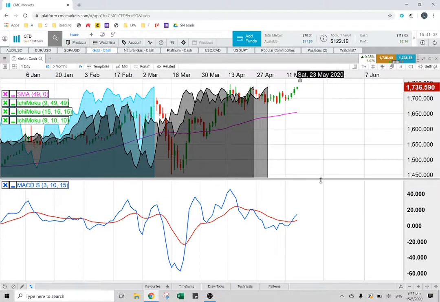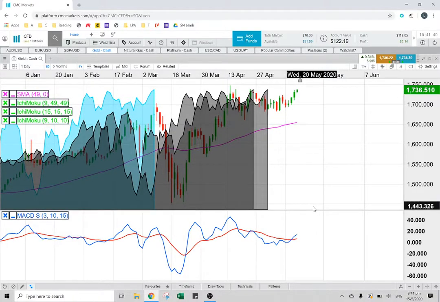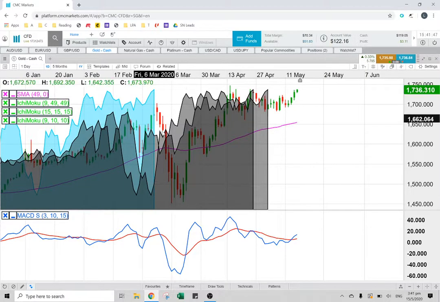Okay, next up is gold. Gold has had a couple of days of upward movement, so the trend is up, and we will see a stronger trend in the next couple of days when this starts to take off. Blue line up, red line up as well, so looking to long this market.